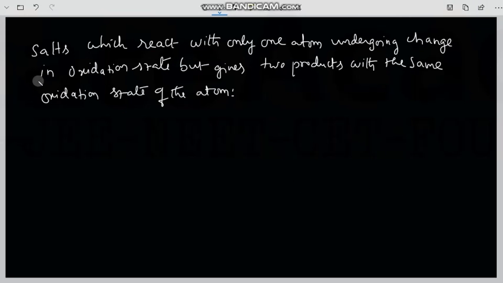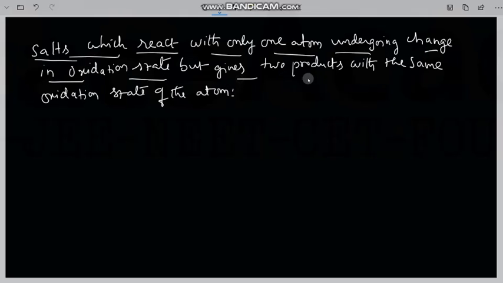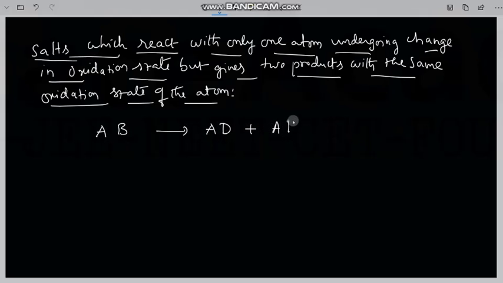So let us see the next point: salts which react with only one atom undergoing change in oxidation state but give two products with the same oxidation state of the atom. It is a different example. I am taking salt AB like the previous example, but I am writing the products AD and AF.